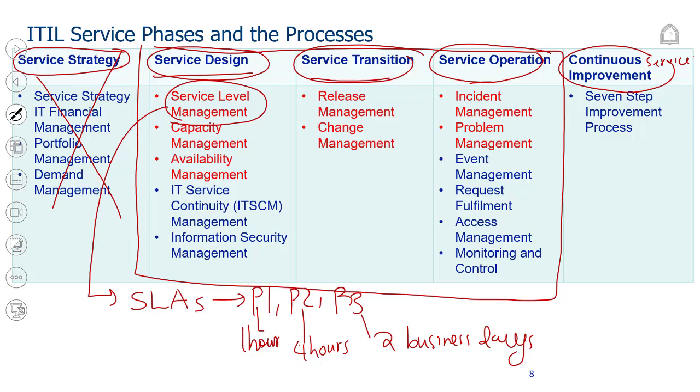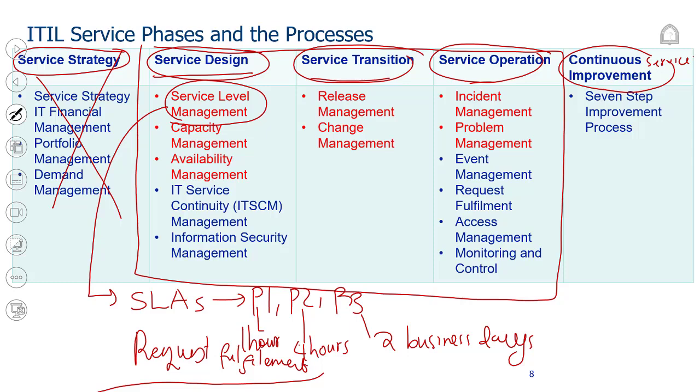The other thing, for example, let's say they raise what is called the request fulfillment. And here, let's say I'm a manager. I've got a new staff who has walked in. I need his account to be created, okay, so that he can have access to the network. He needs to have a laptop and everything else.